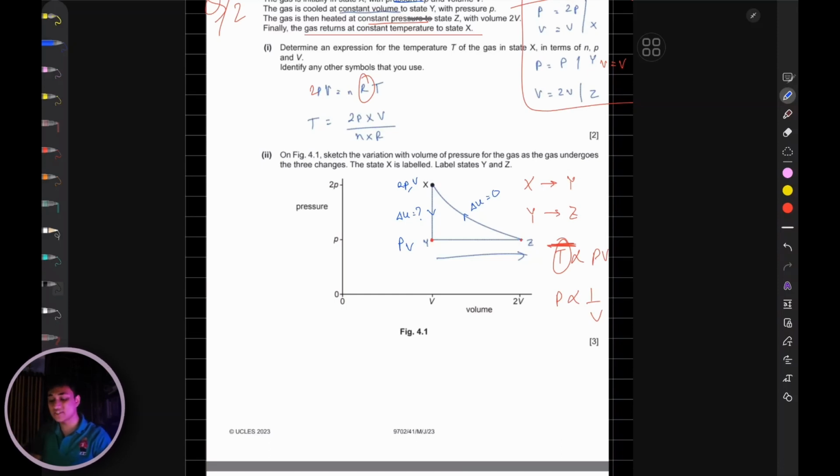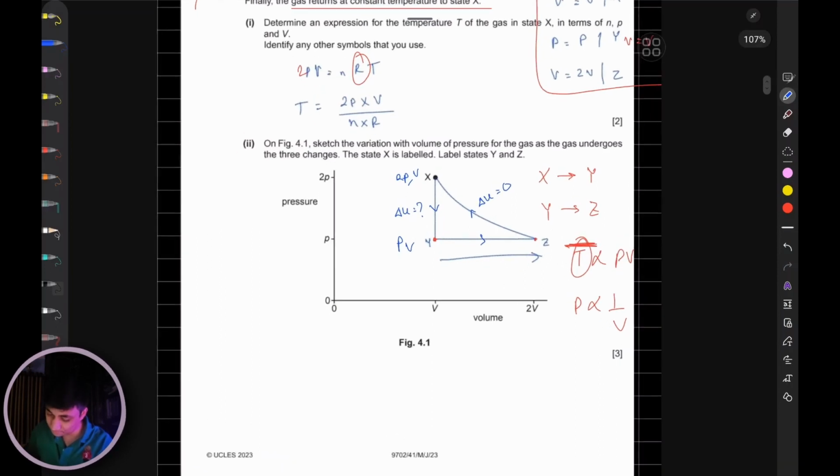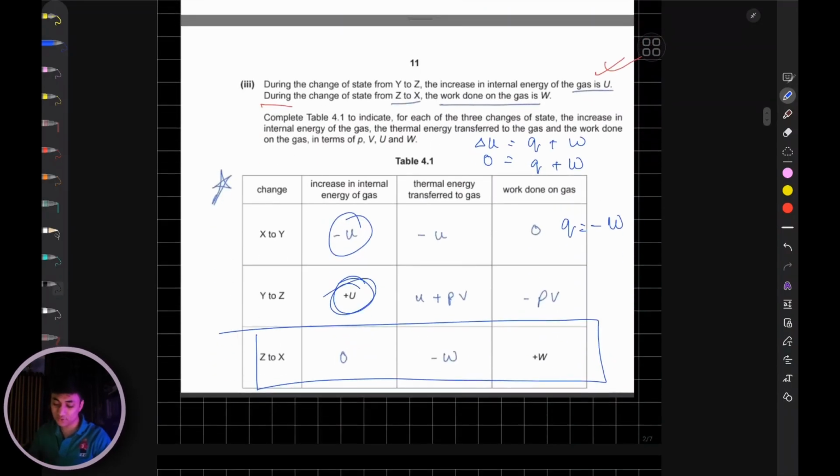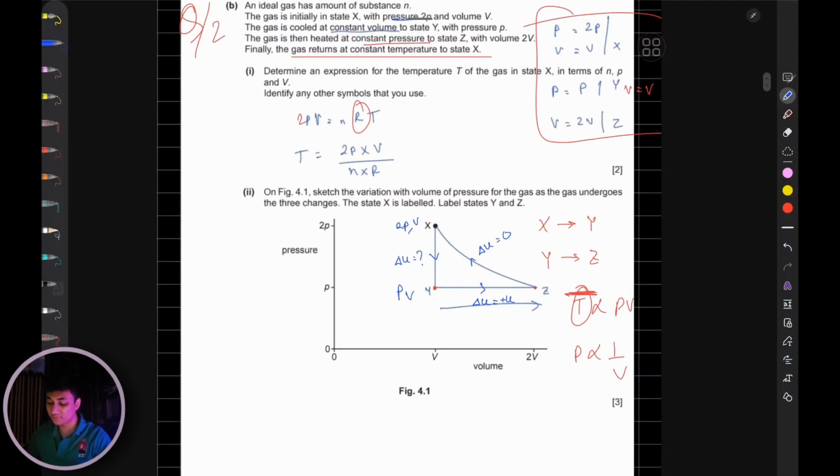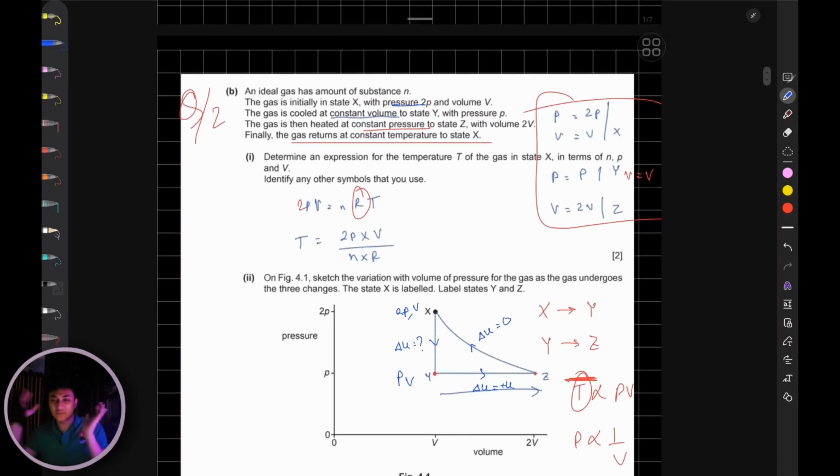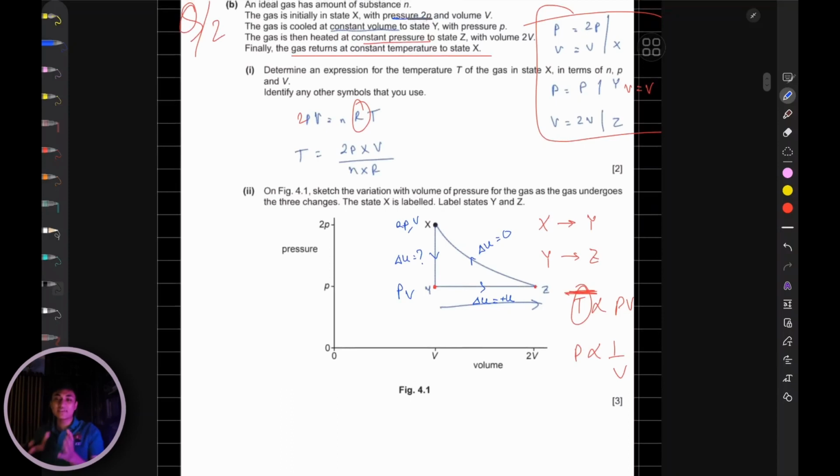So the first thing you're going to do over here is write down the change in internal energy at every change in state.